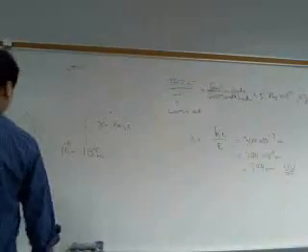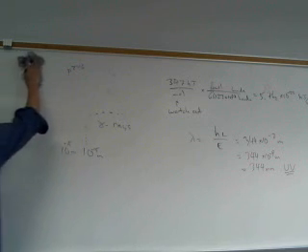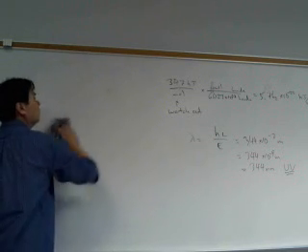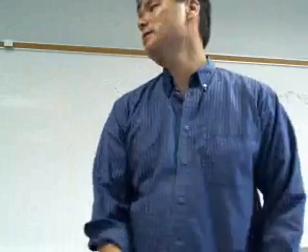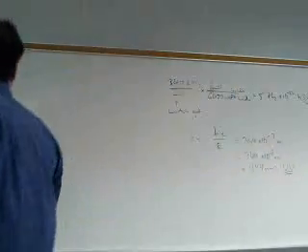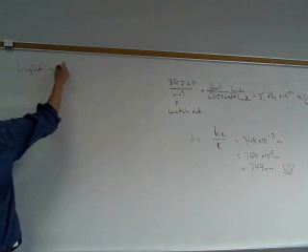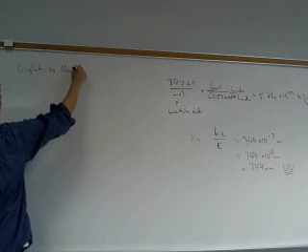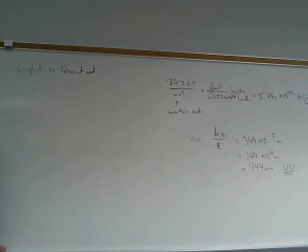Now, what people will say is that because of photons, that means light is quantized, right? And what did I say about quantized? Quantized means that there are allowed and forbidden energies.